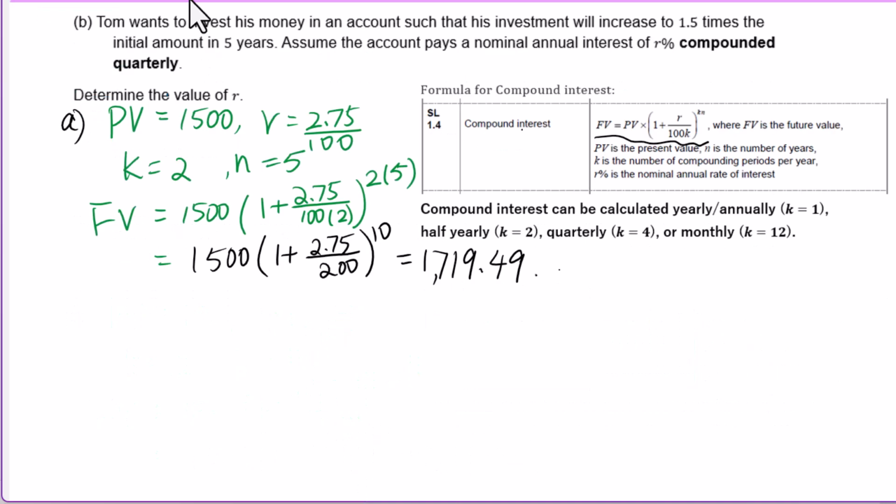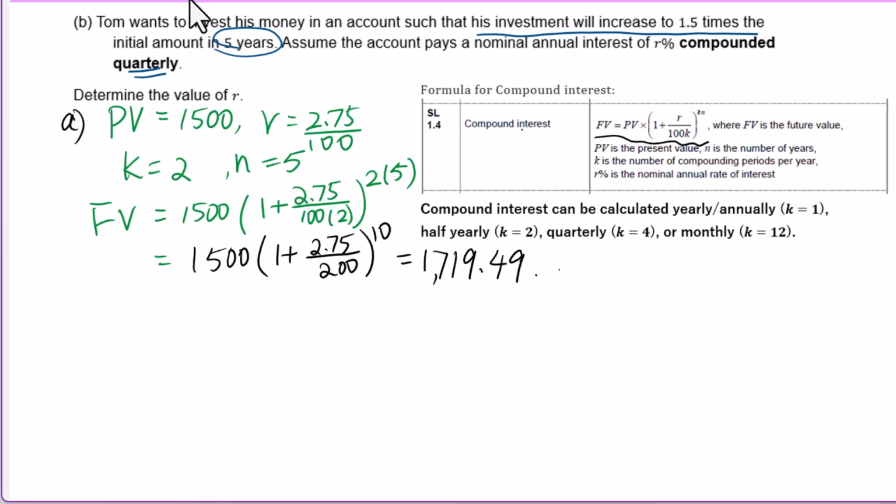Let's go to B. Tom wants to invest his money in an account such that his investment will increase to 1.5 times the initial amount in 5 years. Assume the account pays a nominal annual interest of R% compounded quarterly.